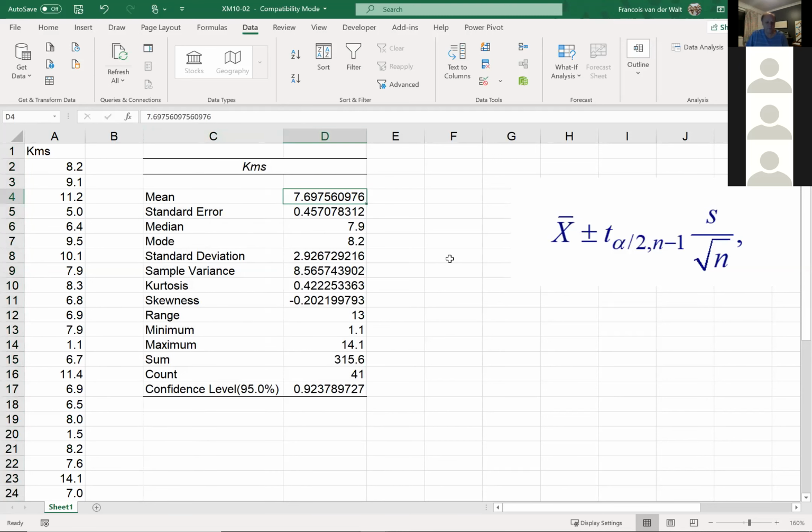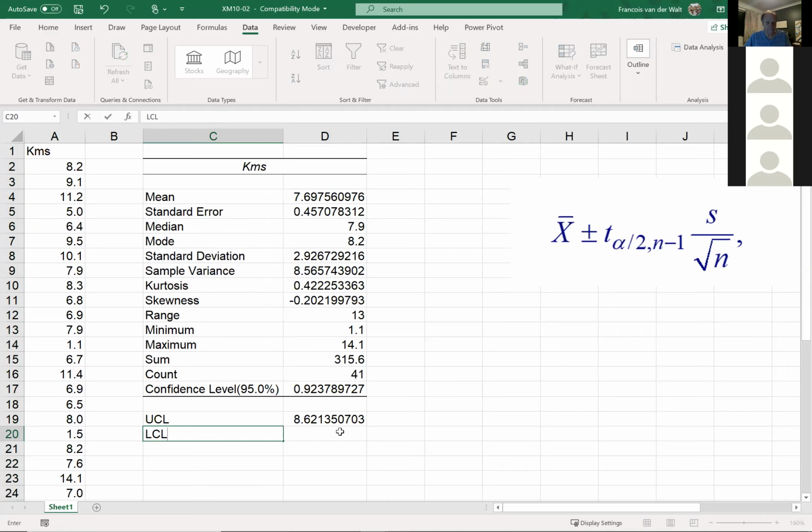You are right. When we want to calculate a confidence level, I want to do an upper confidence limit, and that is equal to the mean plus whatever this confidence level figure is here. And I want to do the lower confidence level.